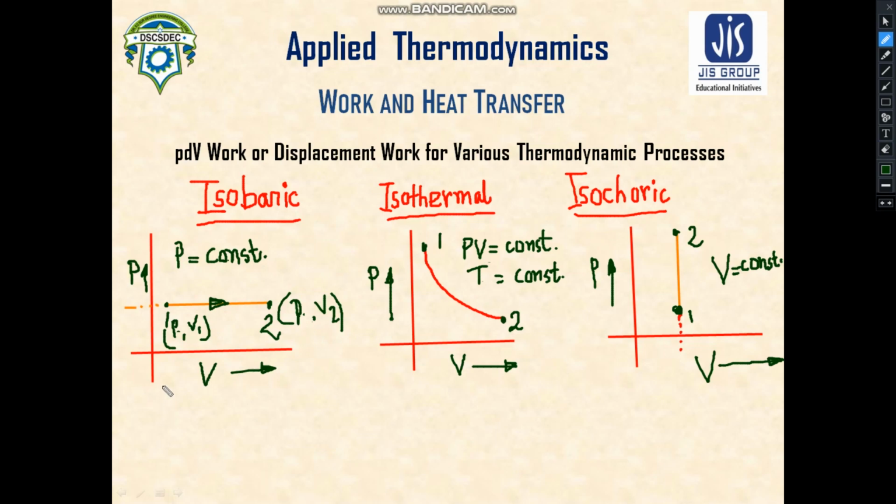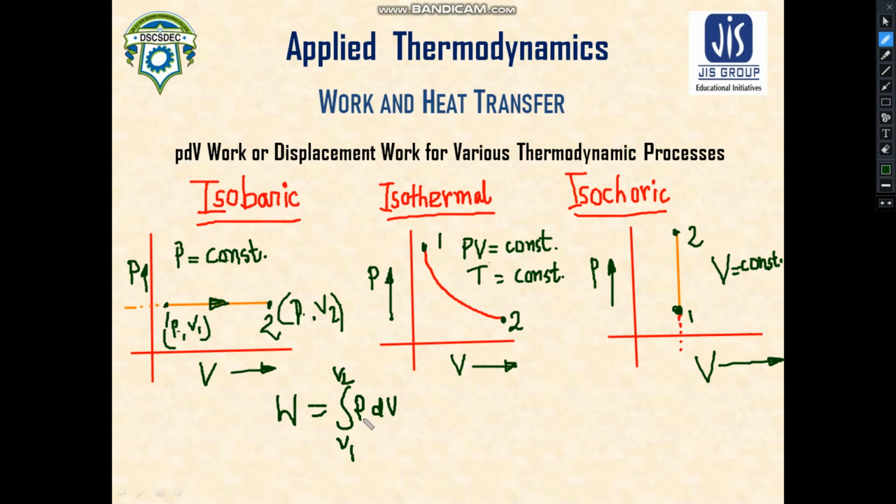So a constant pressure is maintained throughout. If we need to calculate the PDV work, what was our formula? The formula was the integration of P dV. What were the limits? The limits were V1 to V2, which means initial volume to the final volume.